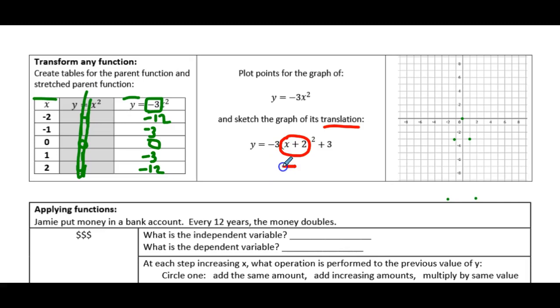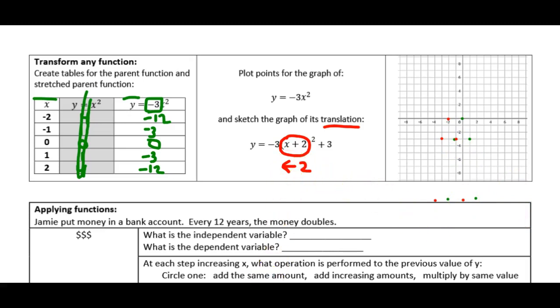So we're going to go that way, 2 units. So for every one of those dots, I might even just mark a dot 2 units over for each of these, just so that we have references. And you'll notice that that actually overlaps right there.